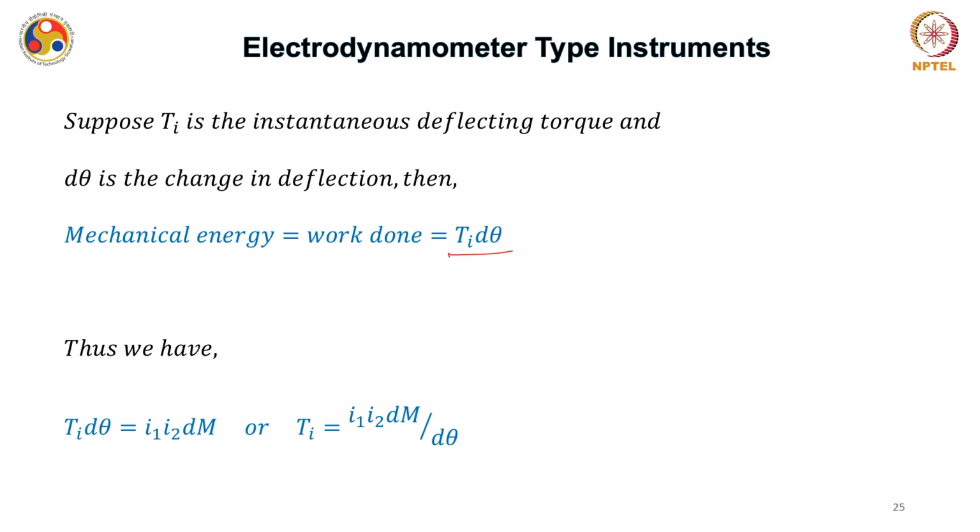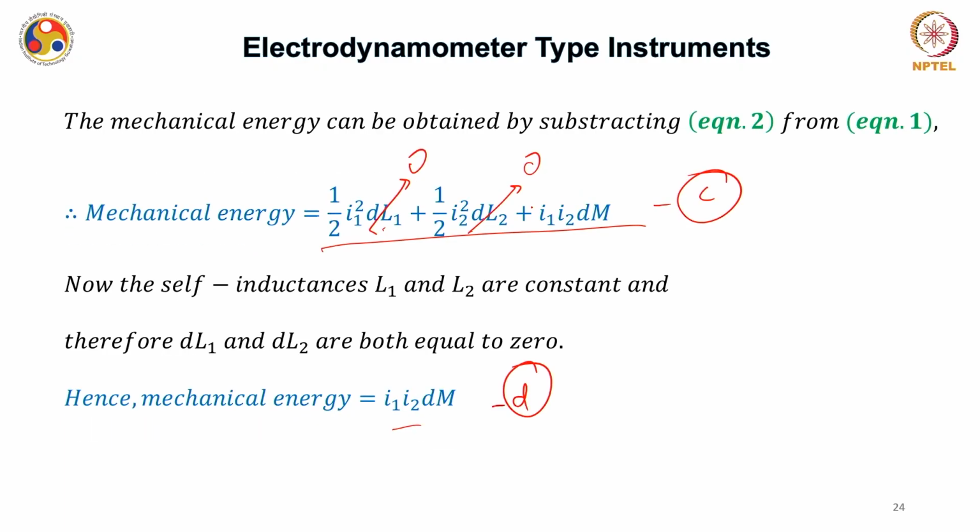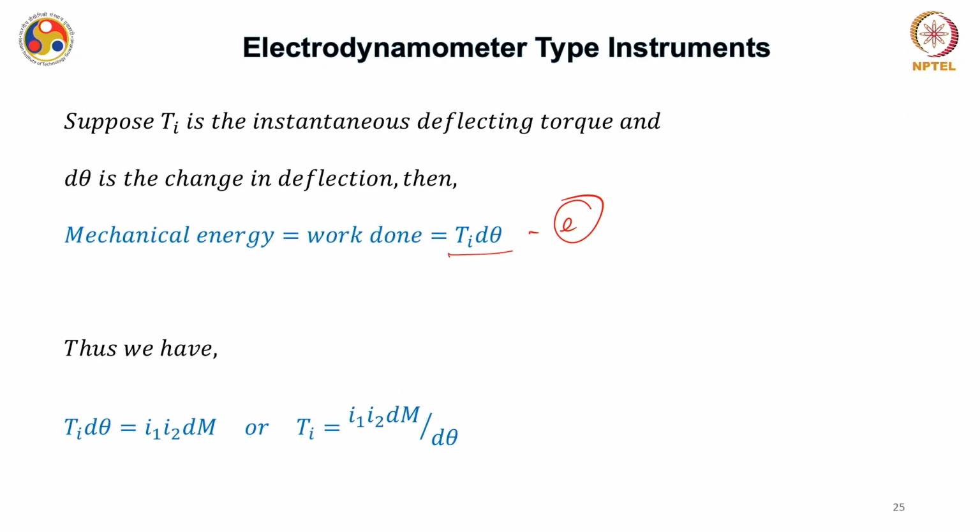I am calling this equation E. The mechanical energy from equation D was I1 I2 dM, so I can equate them. Ti dθ is equal to I1 I2 dM, or Ti can be written as I1 into I2 into dM by dθ. This is my equation for the instantaneous torque. I am calling this equation F.